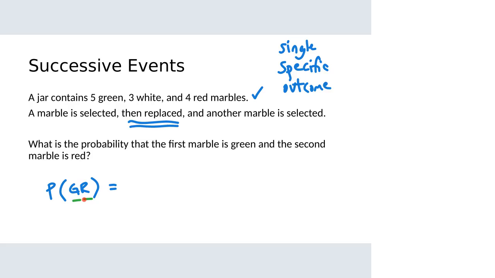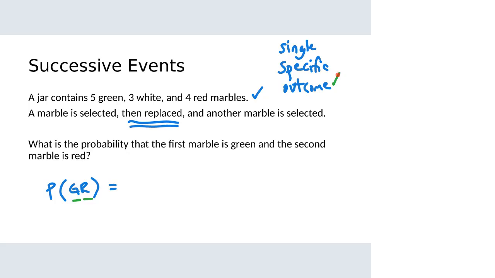There's a lot of things that could happen here when I pull these marbles out of the jar, but the only one I'm looking for is green followed by red. Single specific outcome will make more sense when we get later into class and we're talking about tree diagrams, but I just want you to be familiar with those words so that when I say them later on, you know what they mean.